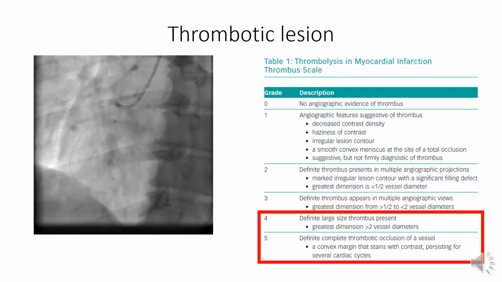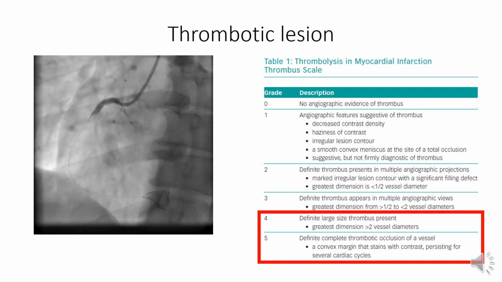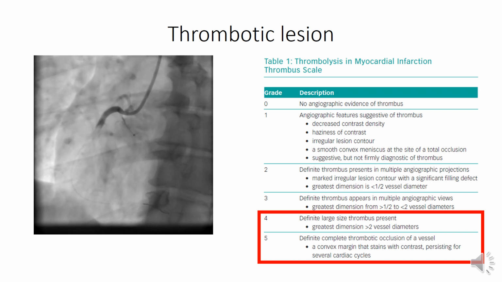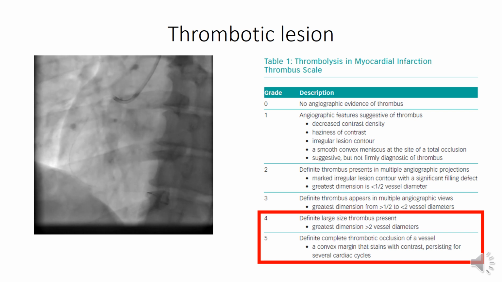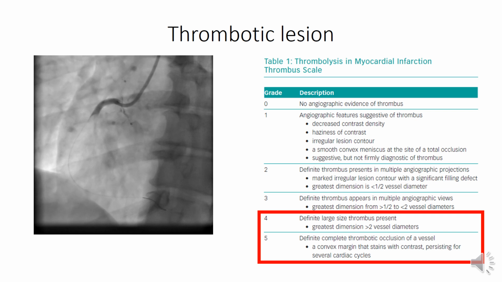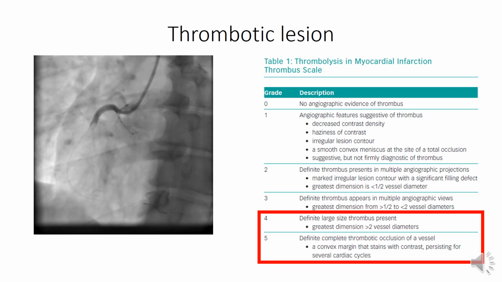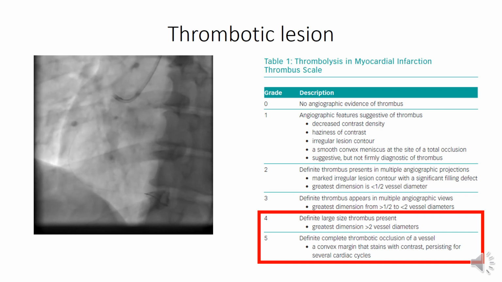In these grades 4 and 5, which are called heavy thrombus burden grades, we have room for certain treatments like glycoprotein 2b3a inhibitors or thrombus aspiration, which show benefit in this grade of thrombus only, not in the low grade thrombus.